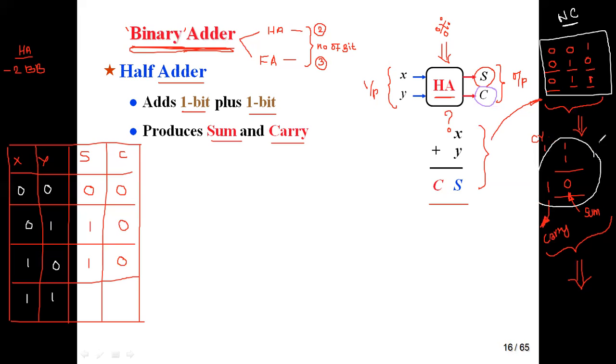At the time of adding 1 and 1, my sum is equal to 0, and the carry bit is also set. Carry equal to 1. That's all. So this is the logical operation table.